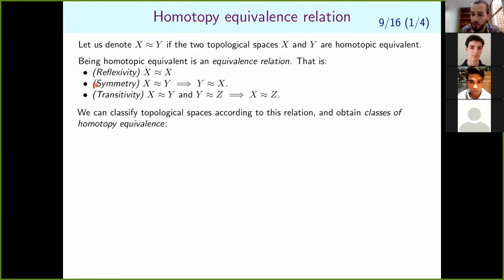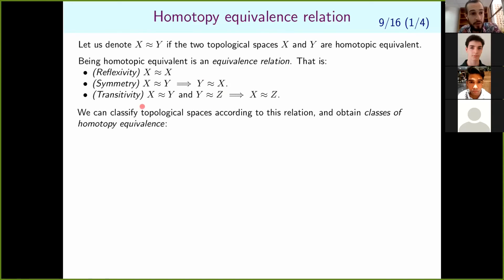We also have the symmetry relation. X similar to Y implies that Y is similar to X. In the same fashion, if you have a homotopy equivalence between X and Y, f and g, you also have a homotopy equivalence between Y and X, g and f. You just invert the order of the maps.